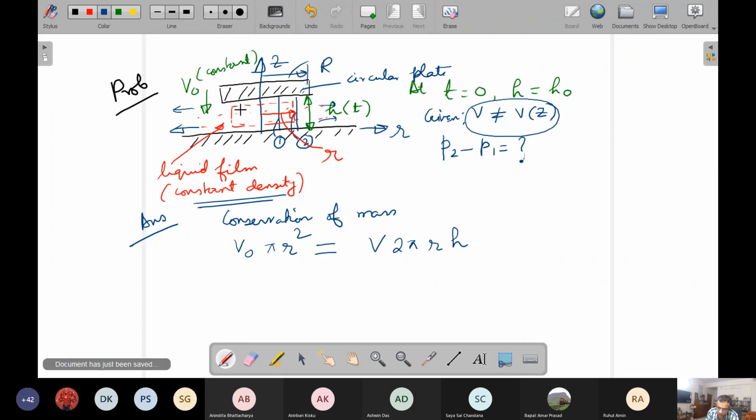So this is the periphery area over which the fluid is coming out, and because v is not a function of z, it is just like a uniform velocity over the cross section. So from here it follows that v is v naught r by 2h. It is a function of r, and it is also a function of time because h is a function of time.